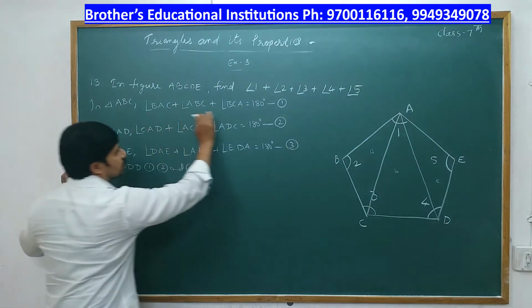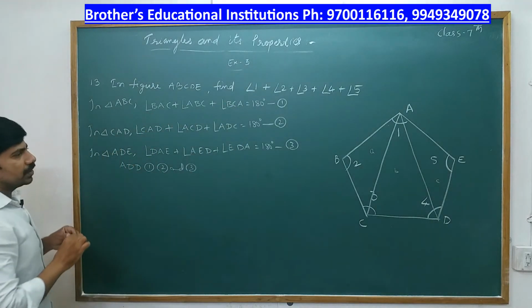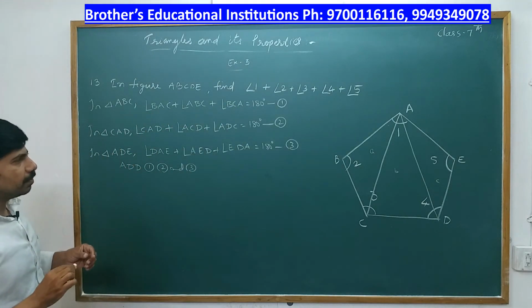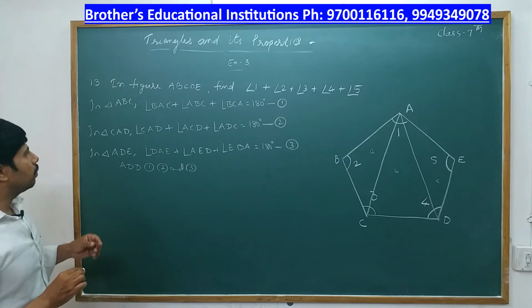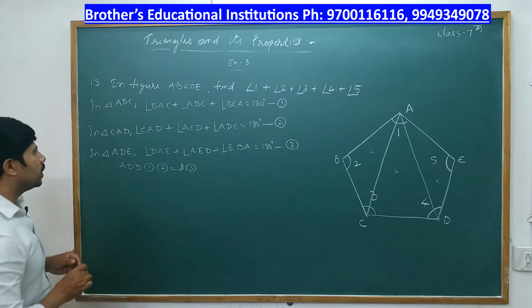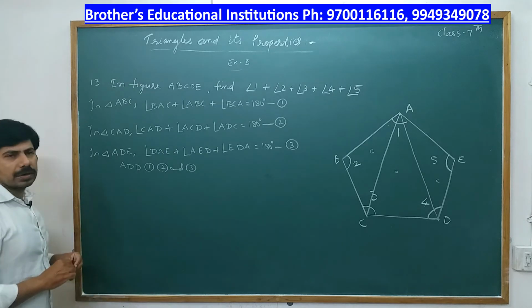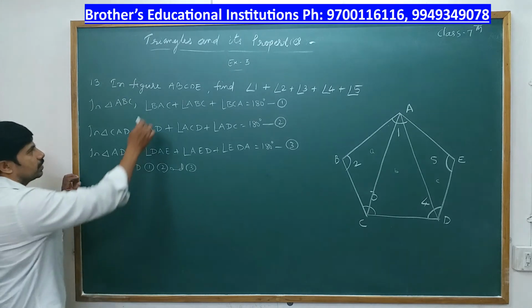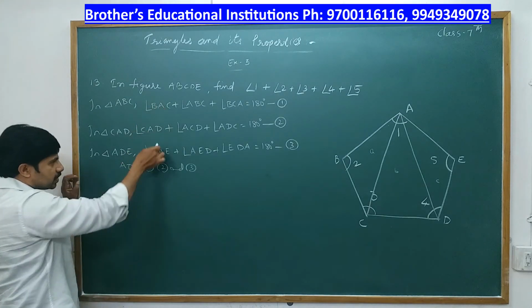See how to add. First I'll write angle BAC plus angle CAD plus angle D. Okay. See, now we add in an order. First, all the A's we write to one side.